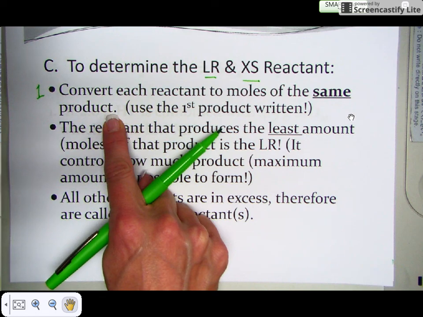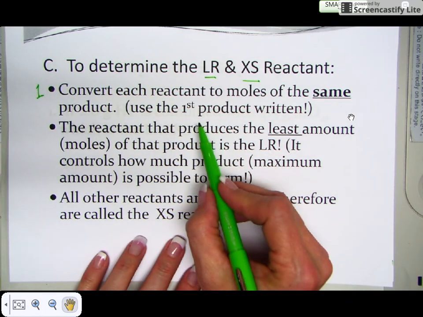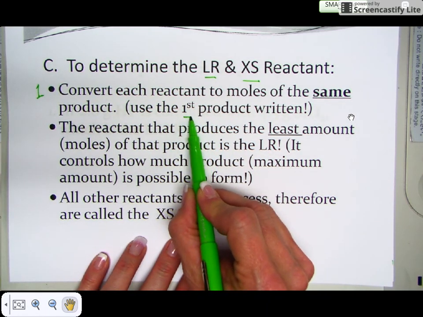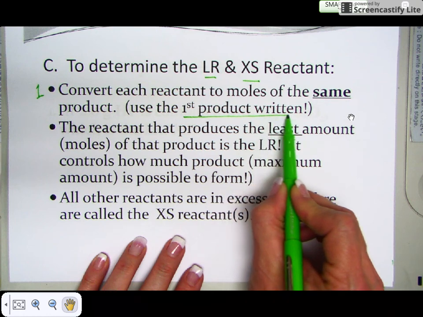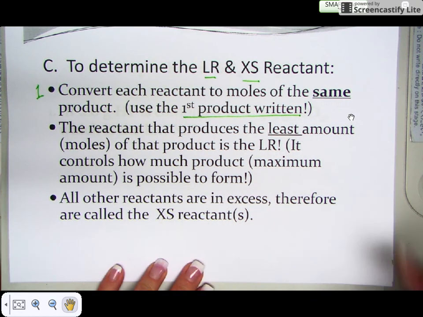Like in our peanut butter banana sandwich example, we went to sandwiches. If you happen to have more than one product, I want us to always use the first product that's written in the chemical equation. That way everyone always has the same answer.